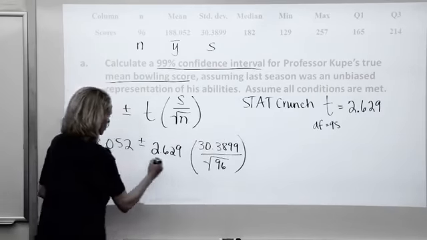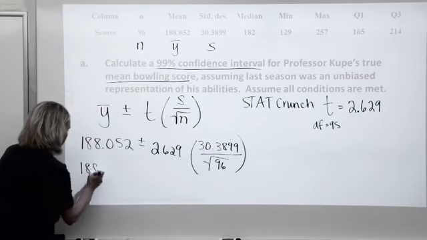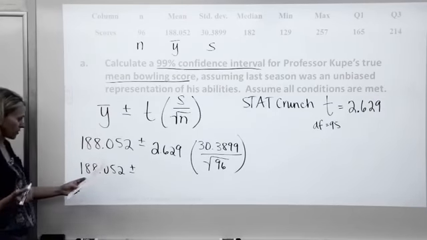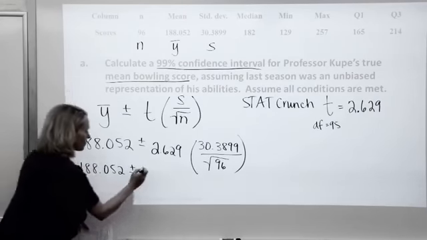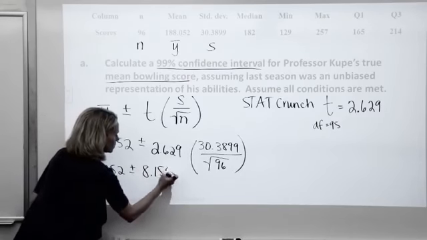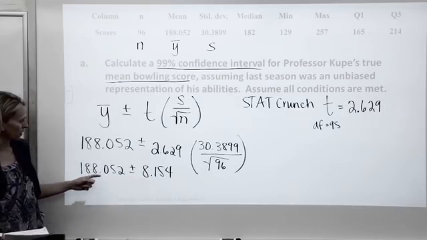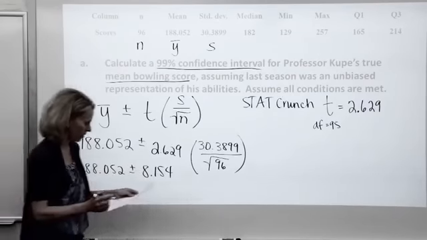If you compute just the margin of error part here, the margin of error ends up being 8.154. And now we'll take his average, subtract the margin of error, take his average, add the margin of error.